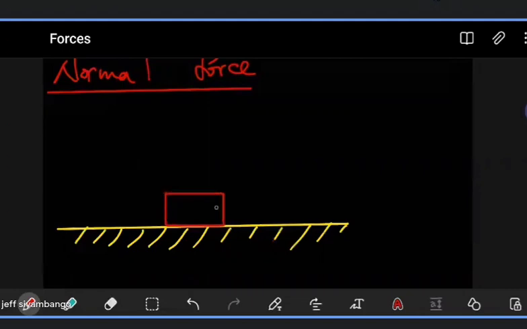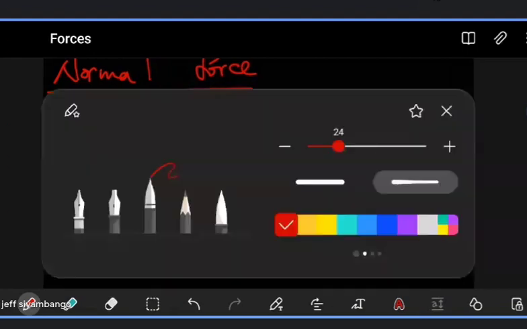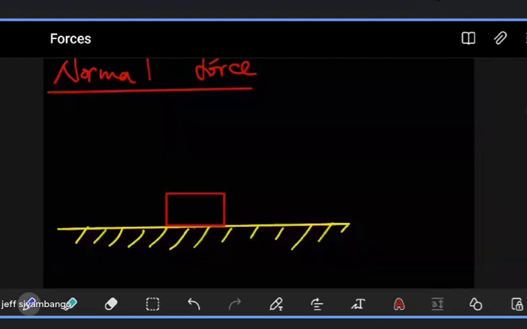What happens here is that the normal force is a force that will act from the surface onto the object, and it always acts perpendicular to the surface. Since the surface is a horizontal surface, the normal force will act from the surface, perpendicular to the surface, and it acts onto the object, so it will be acting in this direction.